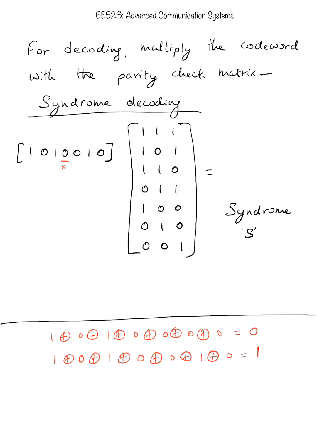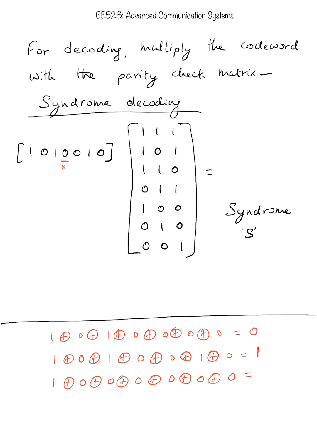And similarly we'll do the calculation for the third bit. So multiplying this vector with the third column of the parity check matrix, we get 1 into 1 is 1, plus 0 into 1 is 0, plus 1 into 0 is 0, plus 0 into 1 is also 0, plus 0 into 0 is also 0, plus 1 into 0 is 0, plus 0 into 1 is 0.